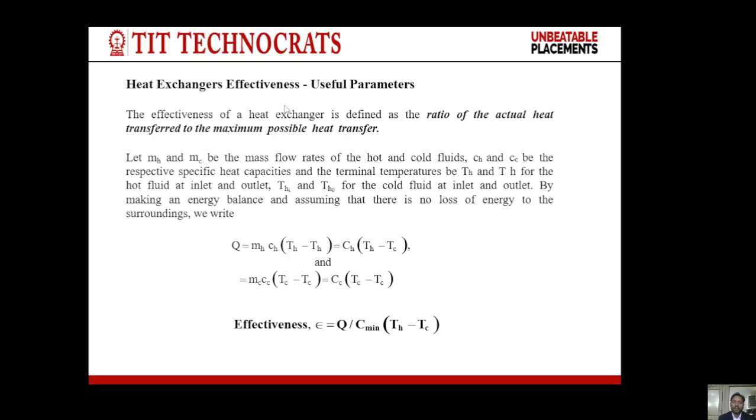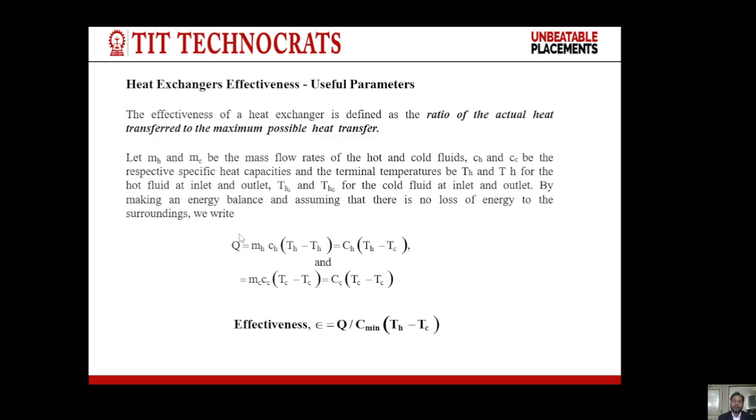So now we will use this important term, that is heat exchanger effectiveness. So the effectiveness of a heat exchanger is defined as the ratio of actual heat transfer to the maximum possible heat transfer.